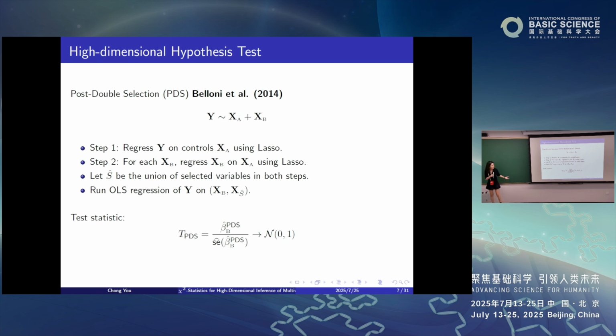So under the null hypothesis, it should be standard normally distributed. This is the idea of post double selection. It's very easy, but it is widely used in high dimensional causal inference.